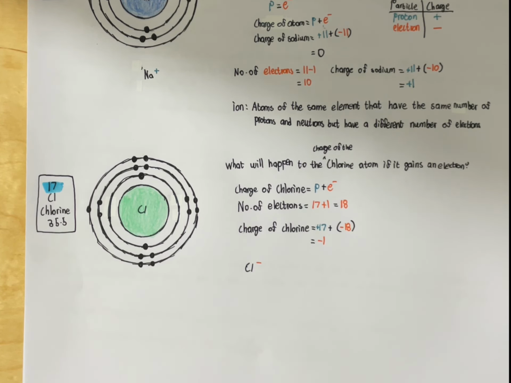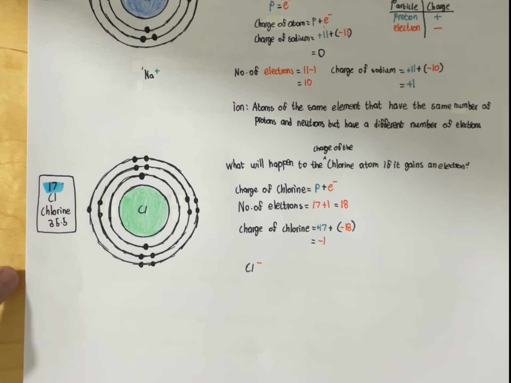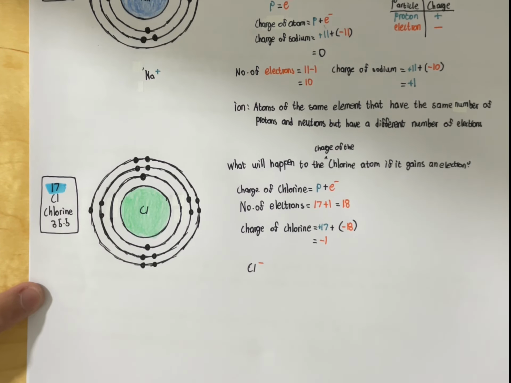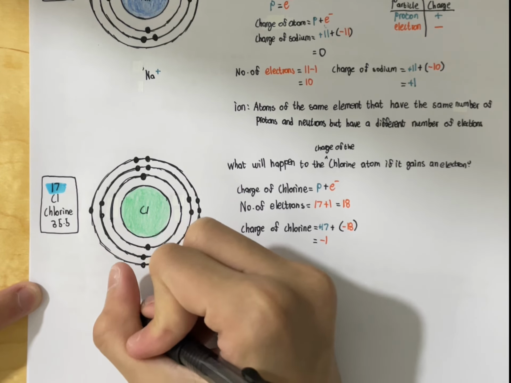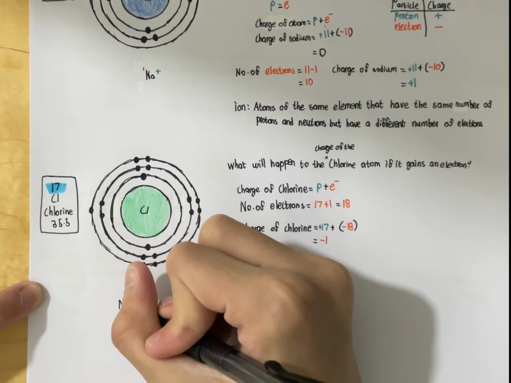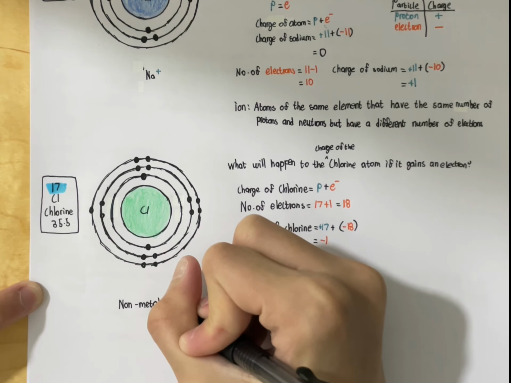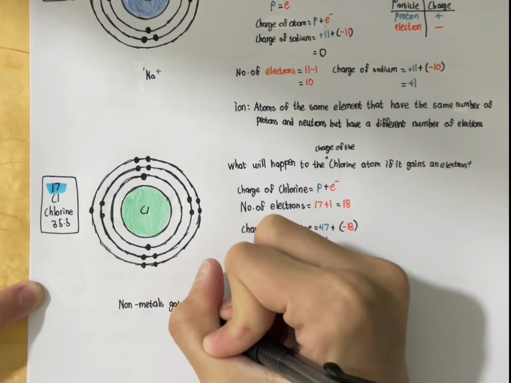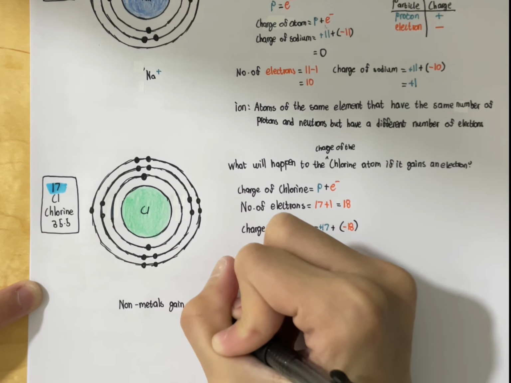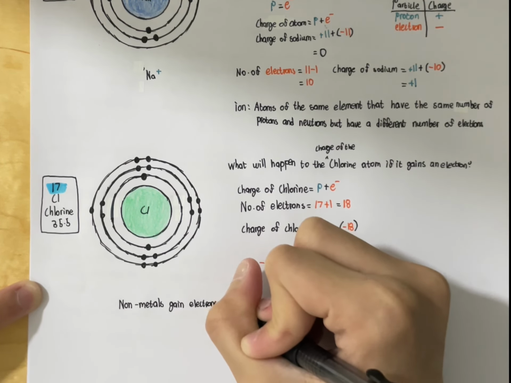Also, before we end the video, a general rule of thumb: nonmetals gain electrons to form negative ions.